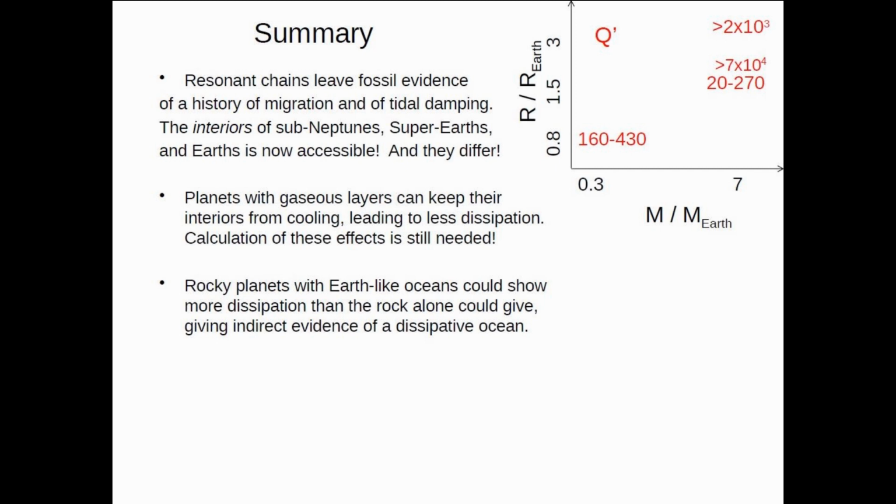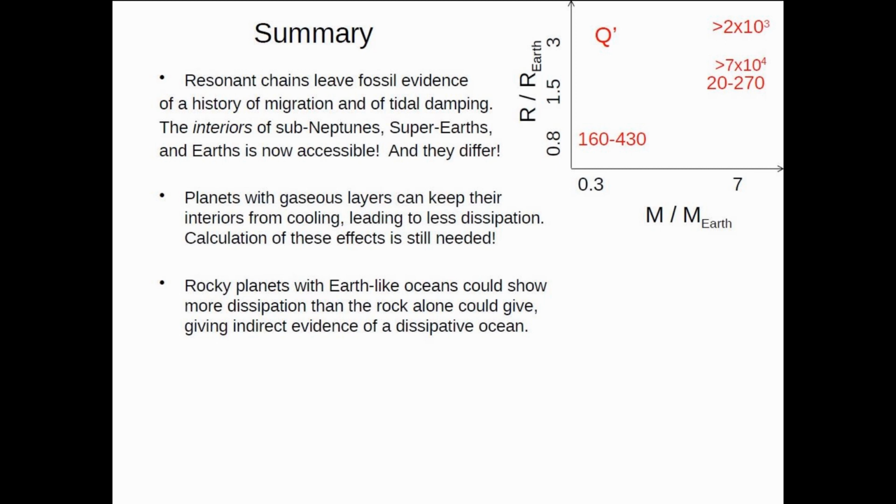And so the contrast of these two planets right here, that are without an atmosphere and with a thin atmosphere, is that it looks like the gaseous layers can keep their interior from cooling, maybe keeping the rocky interior molten. That's probably certainly the case for Kepler 223, but for Kepler 60 B, C, and D, it may be the case as well.